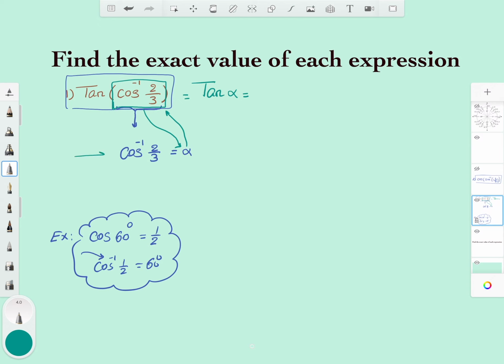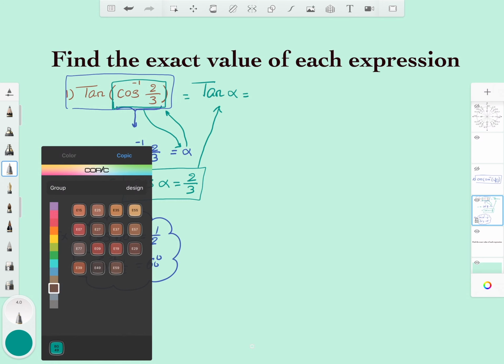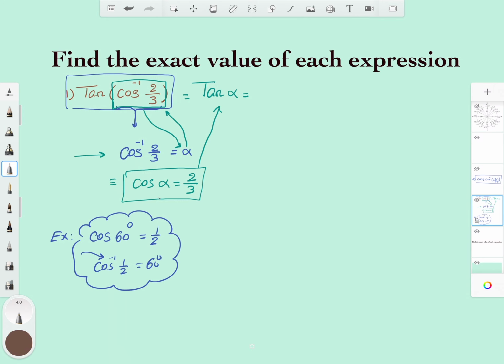This is exactly the same as cosine of alpha equals 2 over 3. So this is given. We are looking for tangent of alpha.